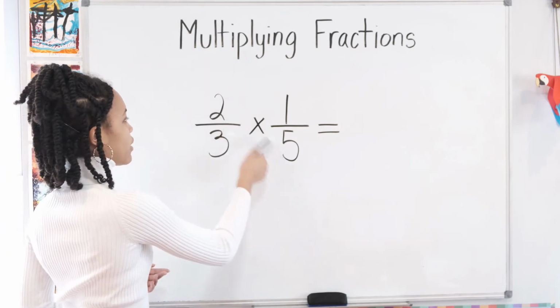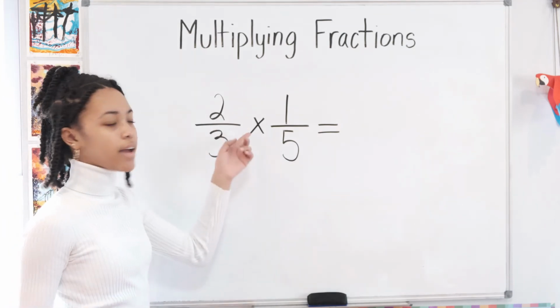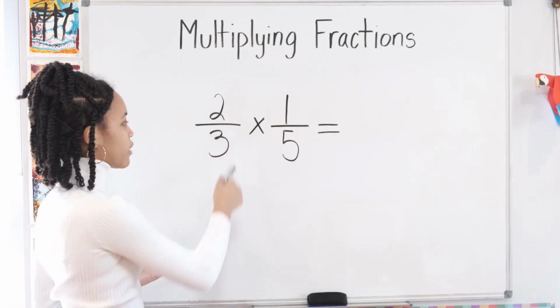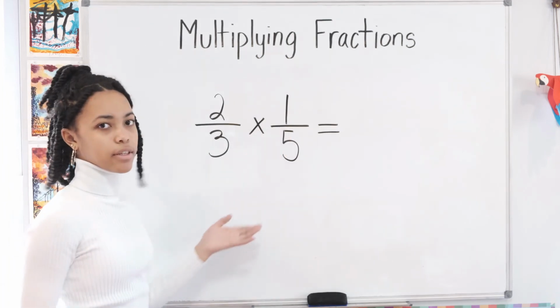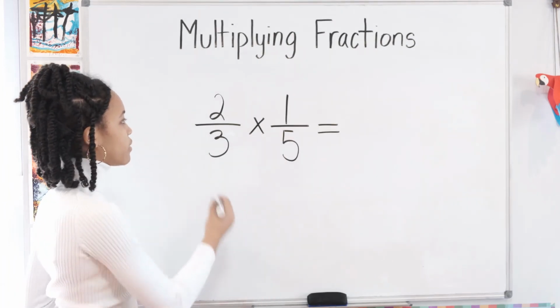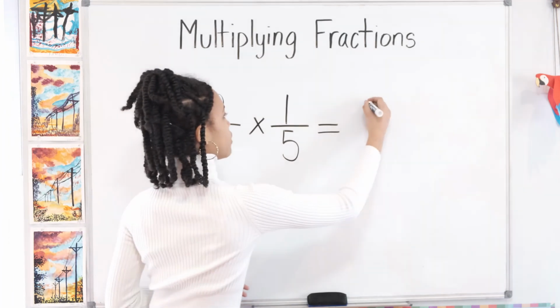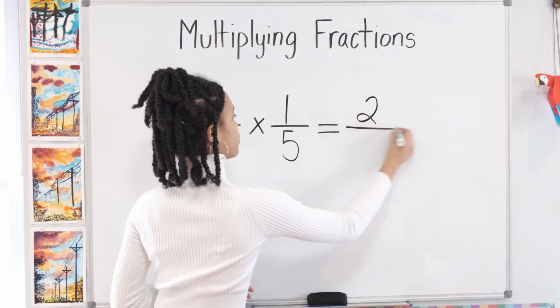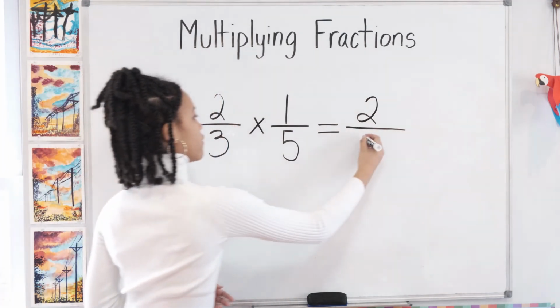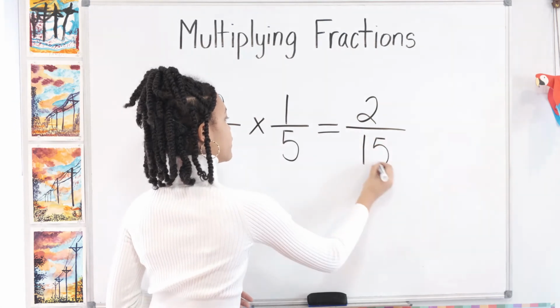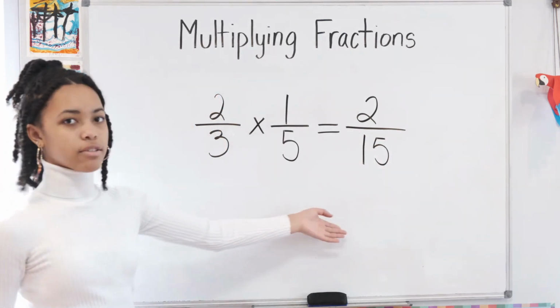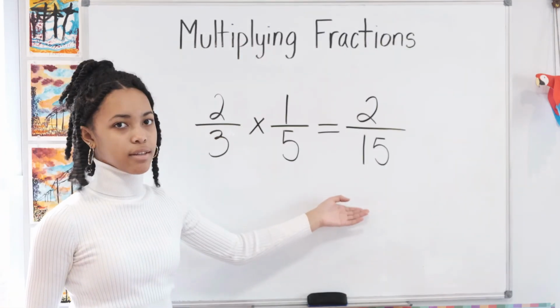There isn't a number that can go into 2 and 5 evenly, and there isn't a number that can go into 3 and 1 evenly. So we just multiply. 2 times 1 is 2, and 3 times 5 is 15. So our answer is 2/15.